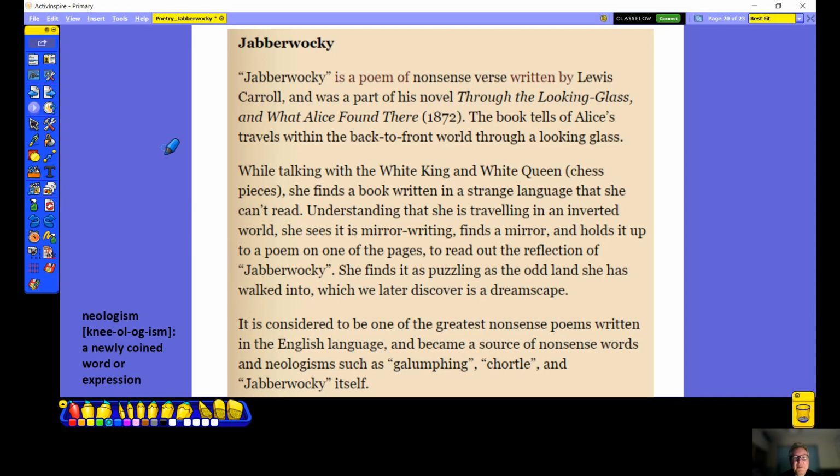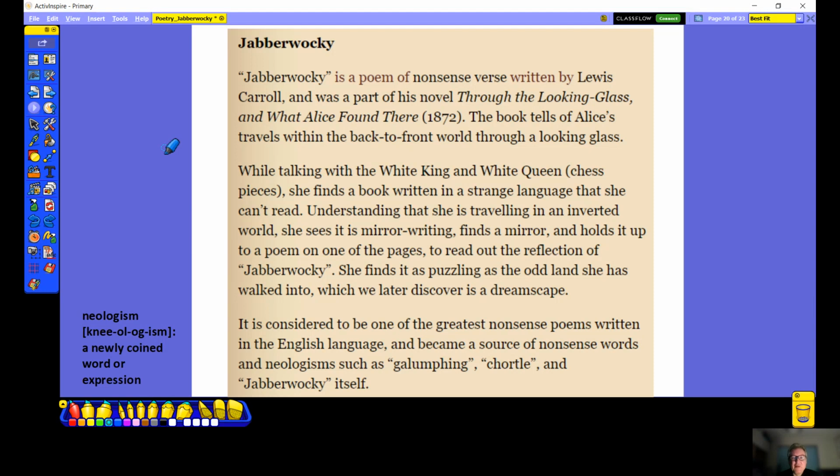So I think we're fairly sure that Jabberwocky is both a classic, well-known poem, and has this sense of nonsense verse. Now, it's part of Through the Looking Glass, one of the Alice in Wonderland series, and Alice is in this world where everything is kind of distorted and puzzling and almost back to front.